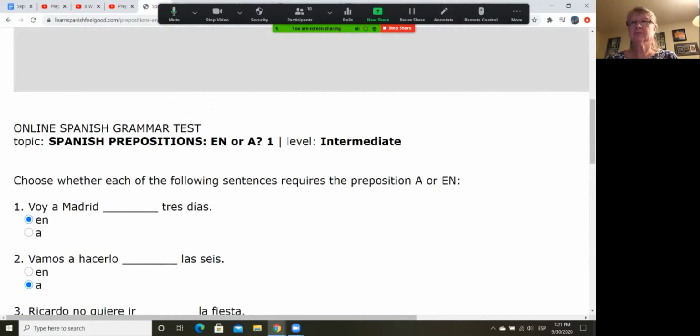Another little thing I want to tell you about this word a is something that everybody who starts as an English speaker, 100%, everybody messes up on, guys. And that is when we use a as the personal a.